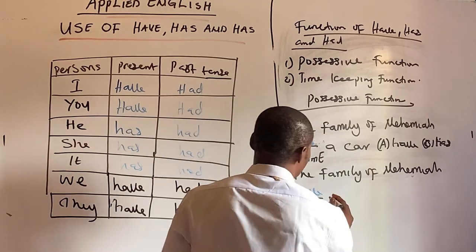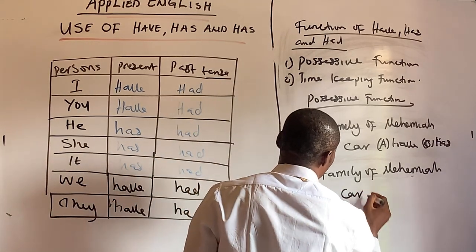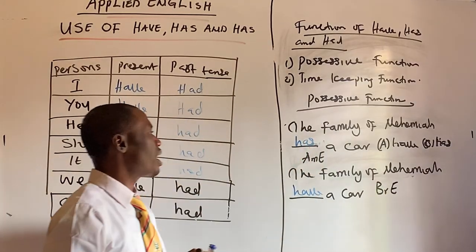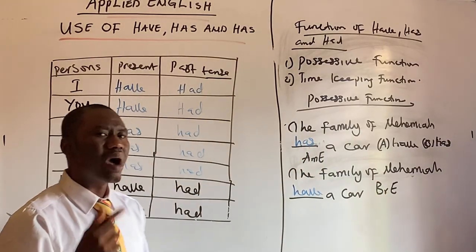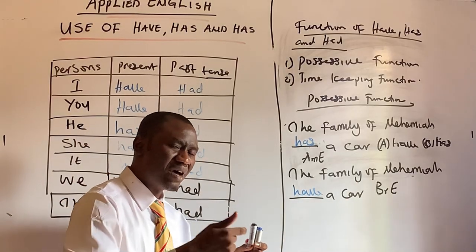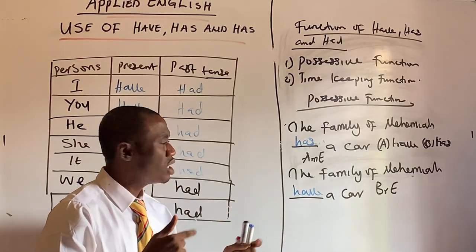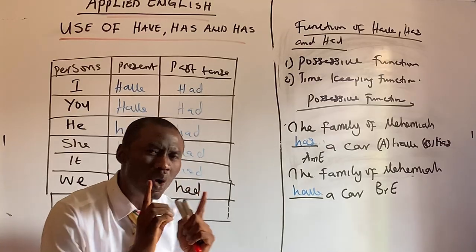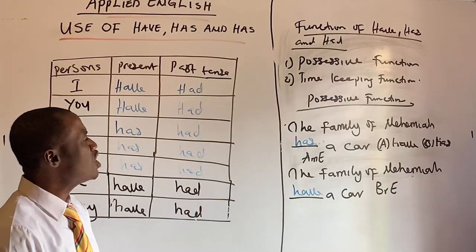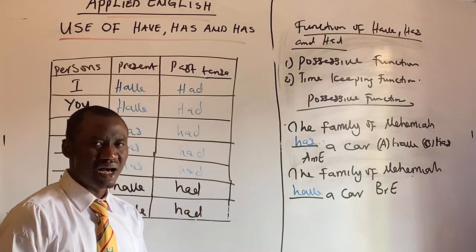Now, this is the British English. Why? Because in British English, we are considering each individual member of that family. So we have the family of Nehemiah have a car.